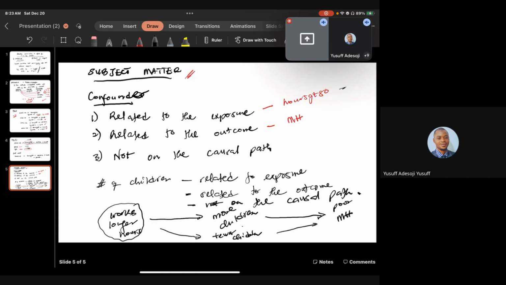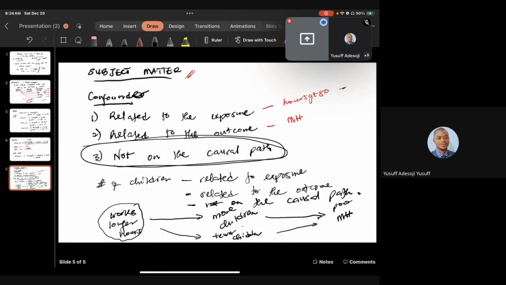But look at requirement number 3: it should not be on the causal pathway. Because it is related to the exposure, related to the outcome, but not on the causal pathway, do you think it's a confounder or not? Okay, yes, that makes it a confounder.